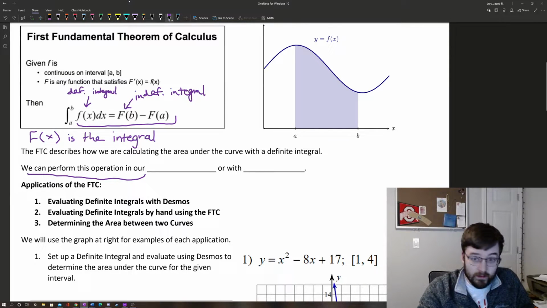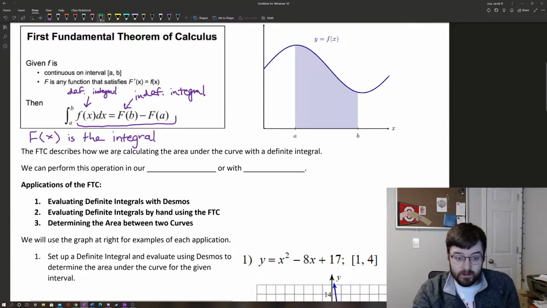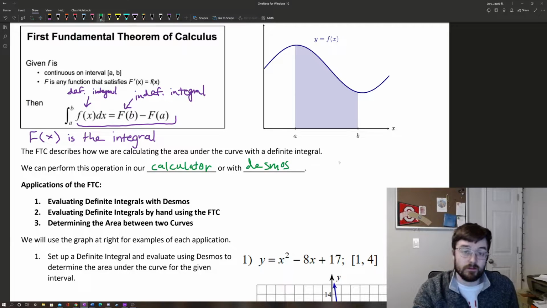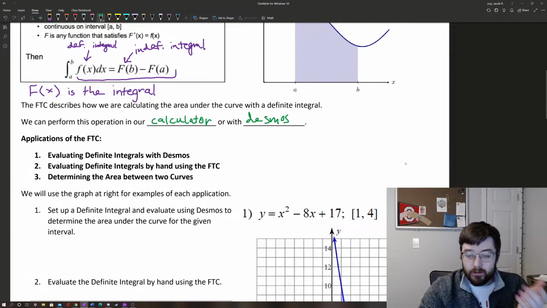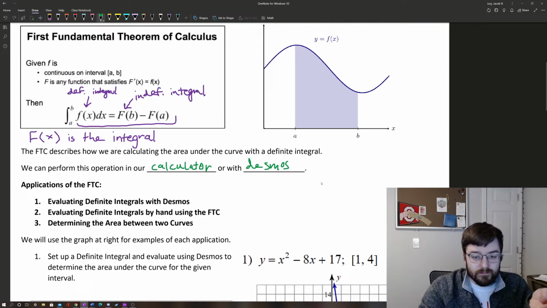If you look down here at our next set of missing text, we can perform the operation in our calculator, or the way I'm showing is with Desmos. There are other solvers out there, but Desmos is going to be the most reliable one for us. So we're going to evaluate definite integrals with Desmos, which you've already done.